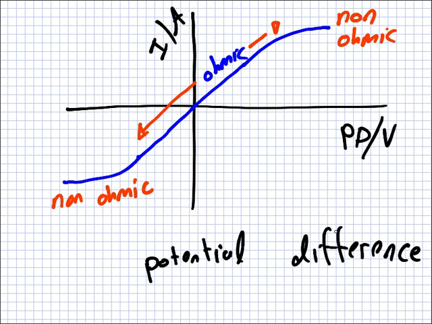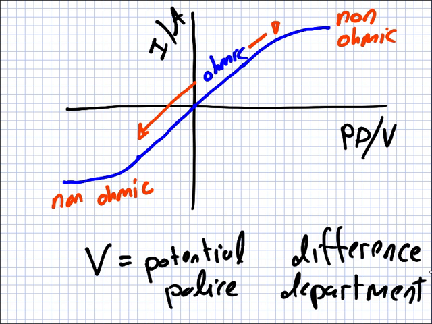It can mean potential difference, which just means voltage, or it can mean police department. Or police station. So why do Irish call it PlayStation? That's the Irish name for it.